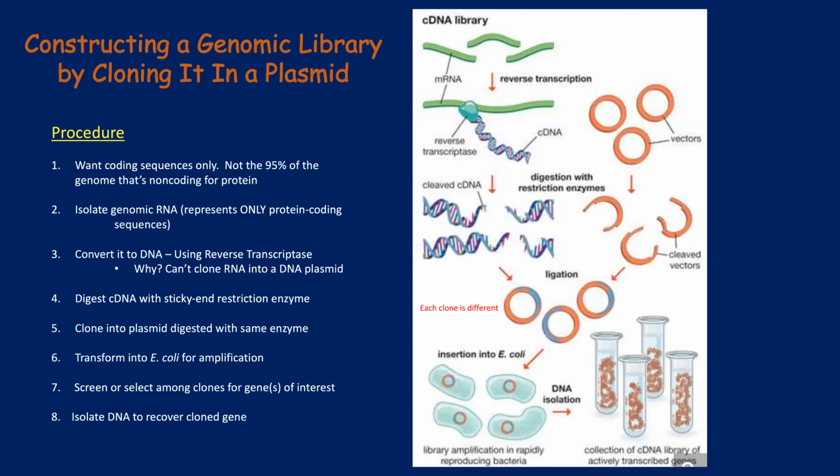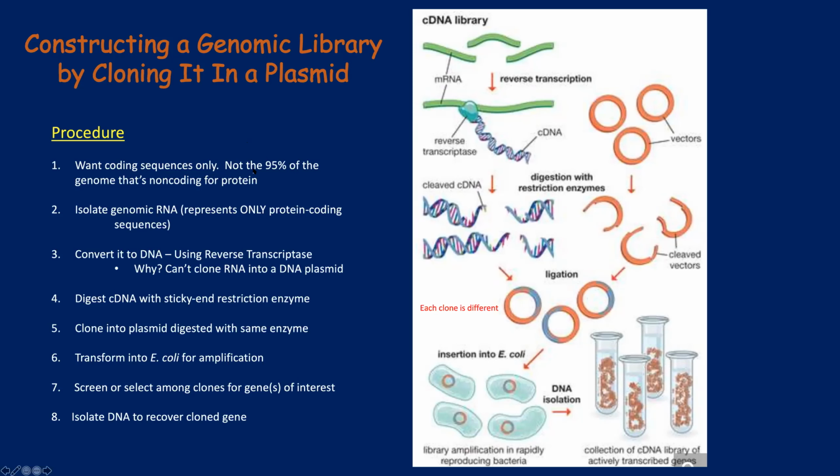The first point you have to consider is that most genomes do not code for proteins. So what you want in a library is only the protein coding sequences. And that's usually less than 5% of the total genome. So how do you get just the ones you want?